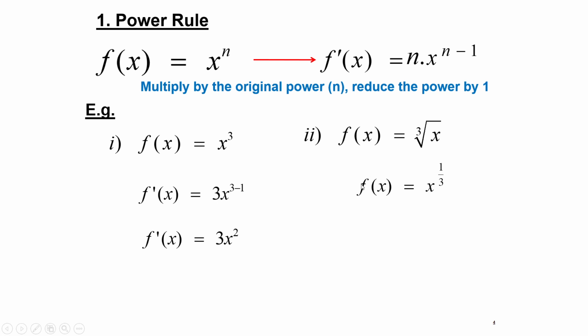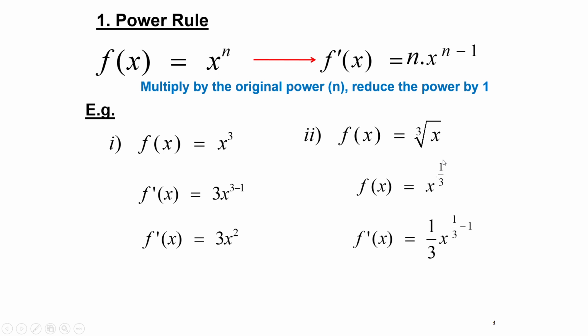That means this is still f of x, but rearranged, or we have just rewritten it. Now we can differentiate this because we have 1/3 in the power. Here we can't differentiate this because we don't have a power here. So that is the reason why we have written it this way, x power 1/3, so that we have a power and then we can play with this power.